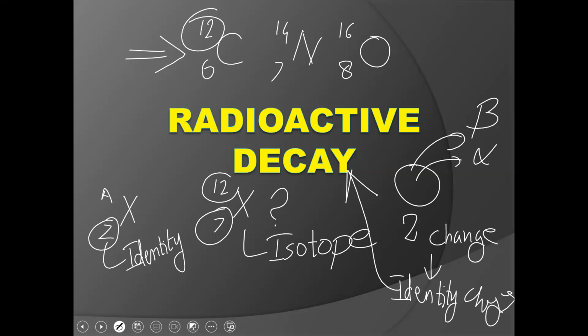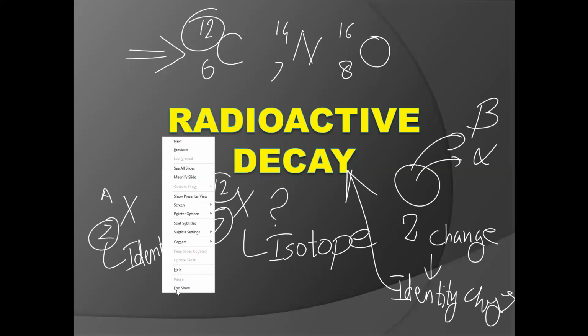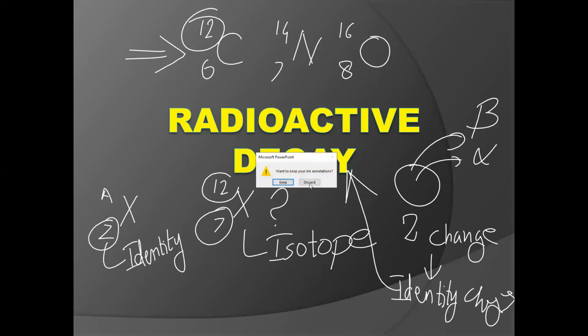So what is radioactive decay? Radioactive decay is a process in which an element emits alpha or beta and its atomic number Z changes. Due to the change in atomic number, its identity changes, and this is called radioactive decay. This is now the concept.